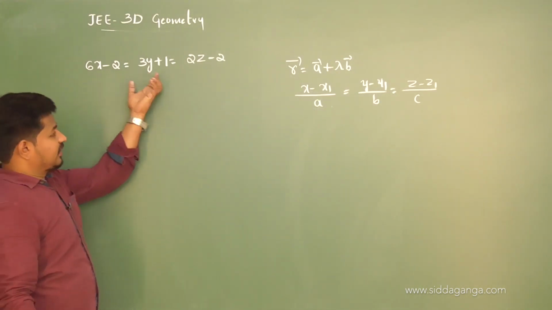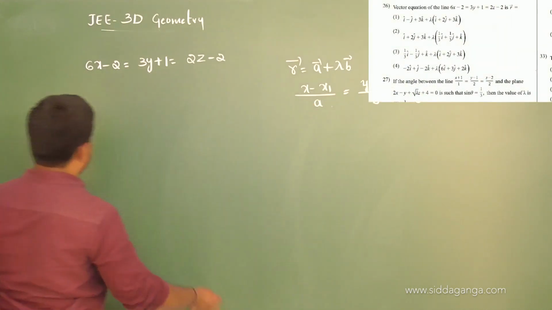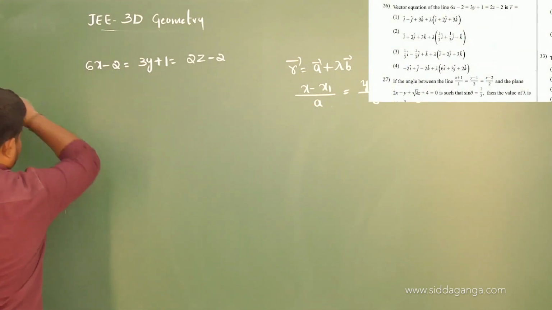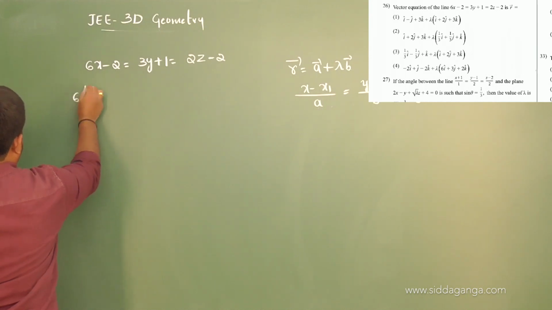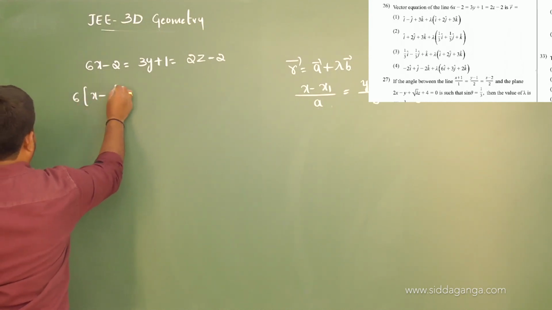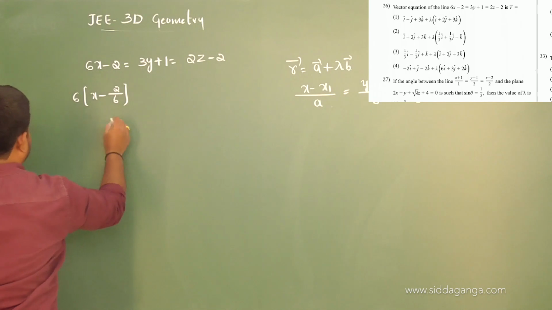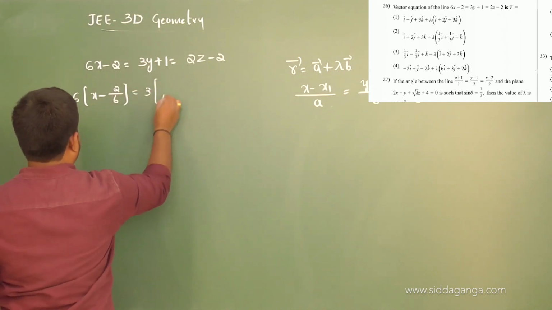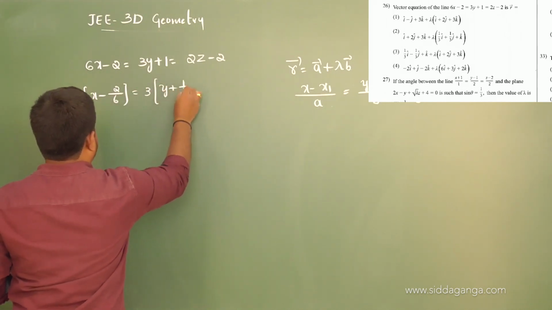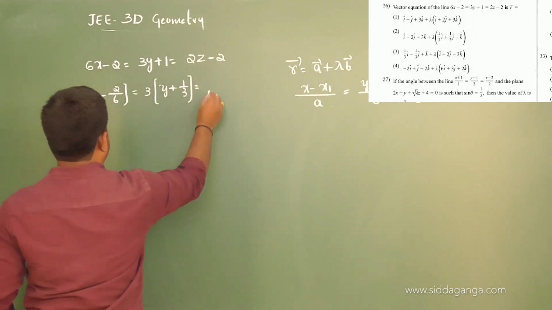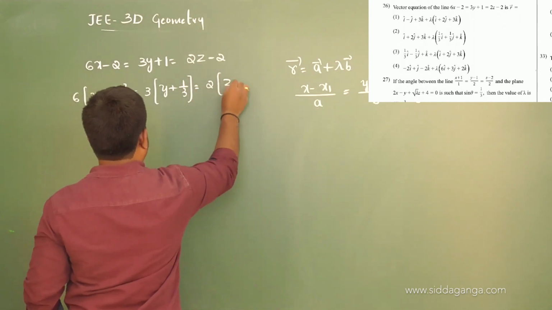Now this is given in this form, but let us convert that into Cartesian form. So 6 into x minus 2 by 6, this is equal to 3 into y plus 1 by 3, that is equal to 2 into z minus 1.